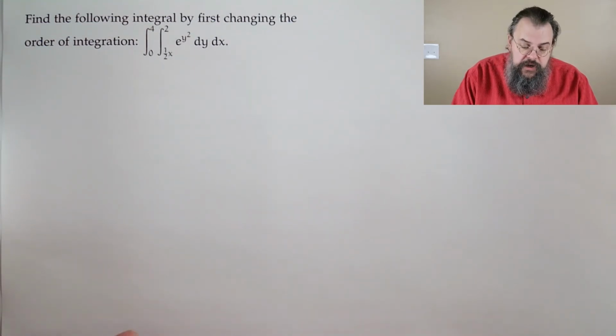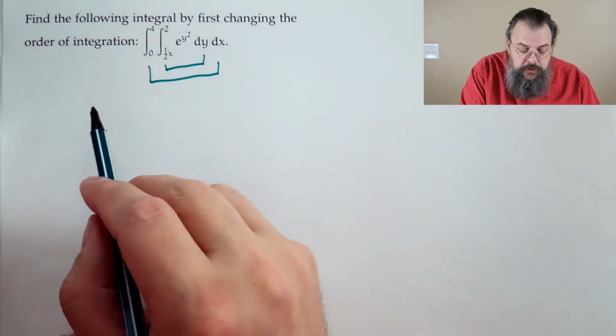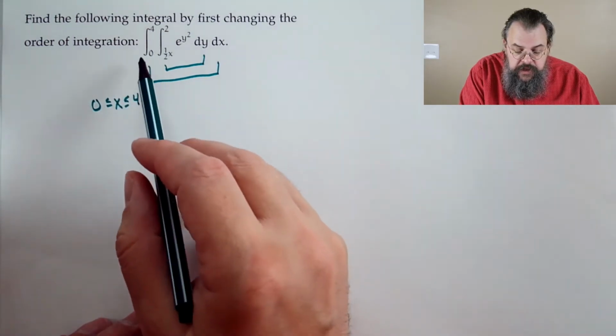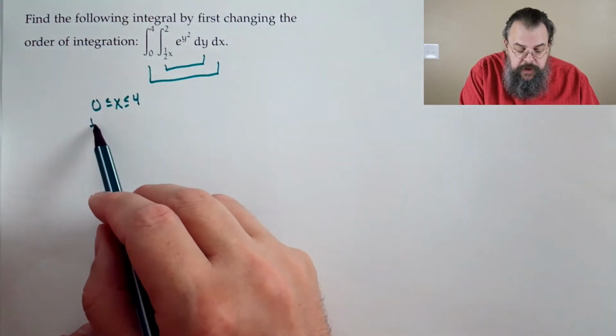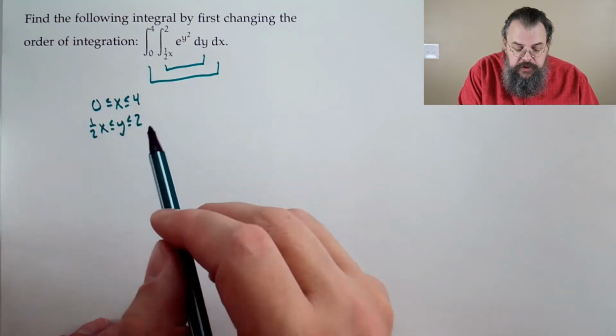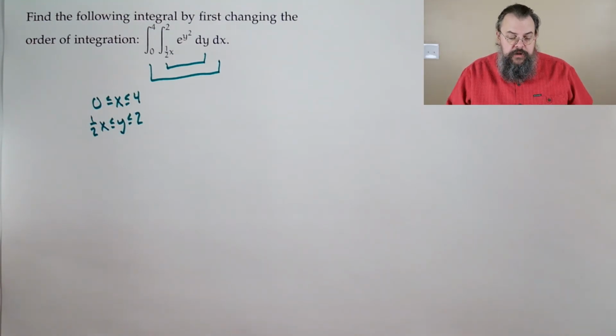All right, so let's start. We have to think of our bounds here. So x goes from 0 up to 4. That's the outer integral. And y goes from 1/2 x up to 2. So reading off the bounds, now we have a description of our region using inequalities.